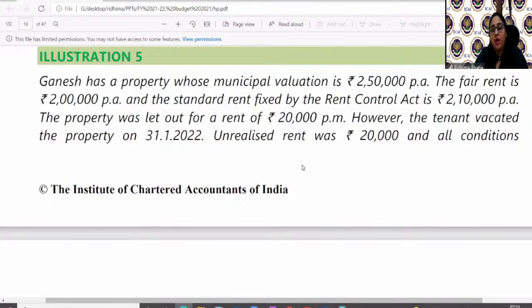Now this is a case of unrealized rent. So 20,000 you can reduce from your gross annual value, in which case your gross annual value would be coming to 180. Either way, you can compare it. For actual rent, you can reduce the first 20,000 and then compare it with the expected rent.